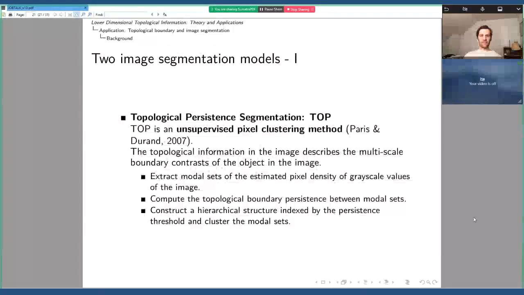After you conduct your density estimation, you use the mean shift algorithm to extract the modal sets and compute the topological boundary persistence between different modal sets. By using these persistence parameters, you can come up with hierarchical structures, and then you cluster your pixels using these hierarchical structures. The final segmentation result will be taken as the boundary of the clusters.